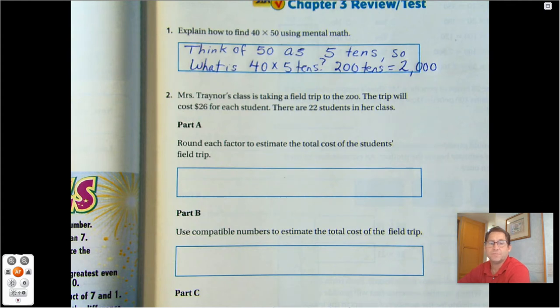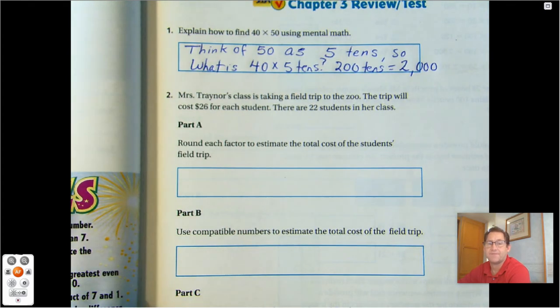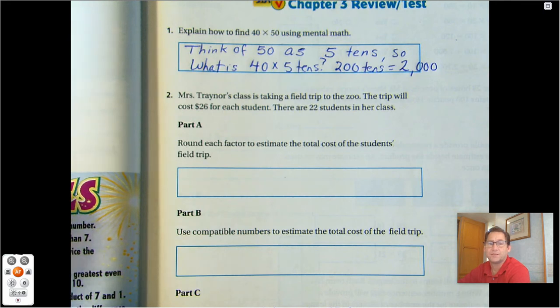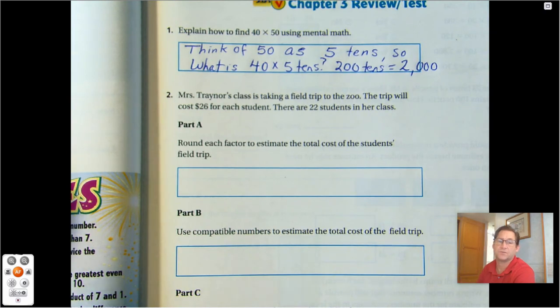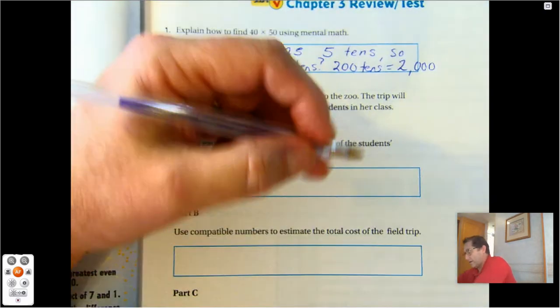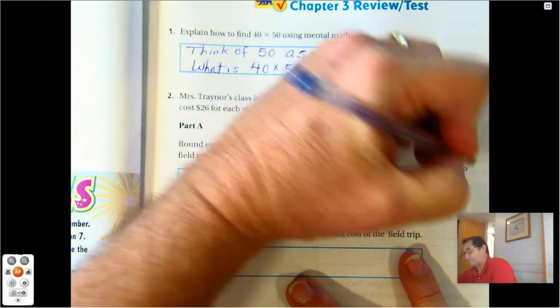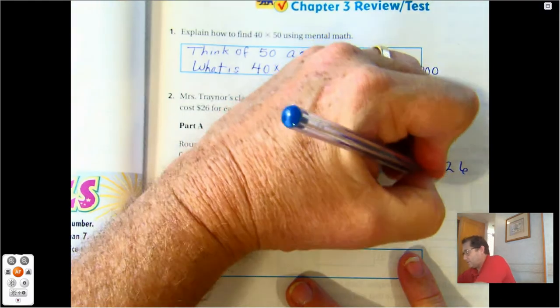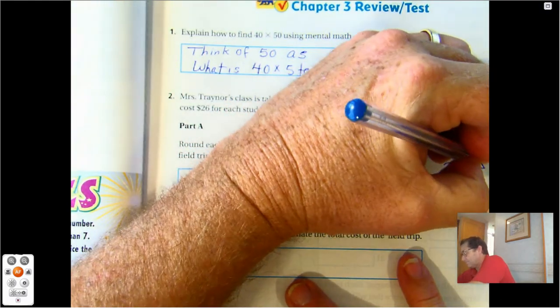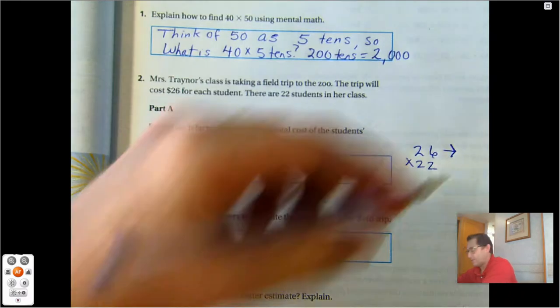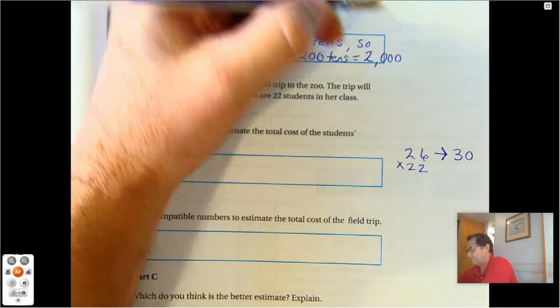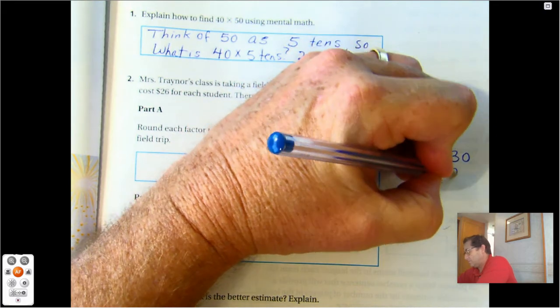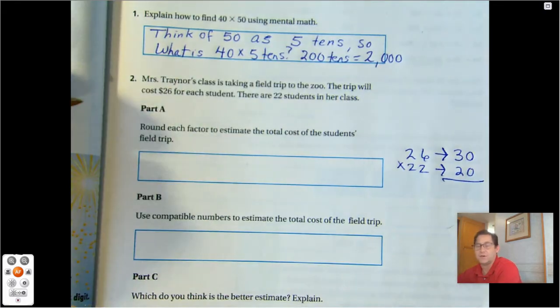Number 2, Mrs. Trainer's class is taking a field trip to the zoo. The trip will cost $26 for each student. There are 22 students in her class. Round each factor to estimate the total cost of the student's field trip. So we have $26 times 22 students. 26 would get rounded to 30. 22 would get rounded down to 20.